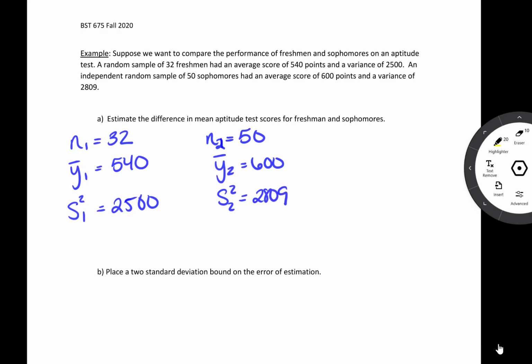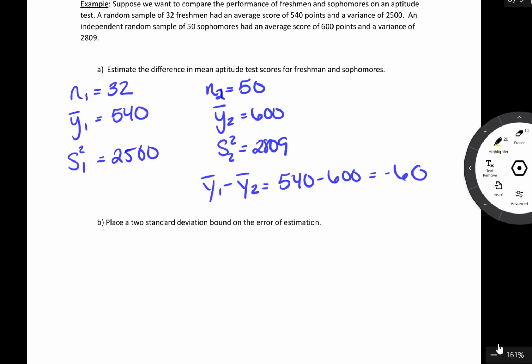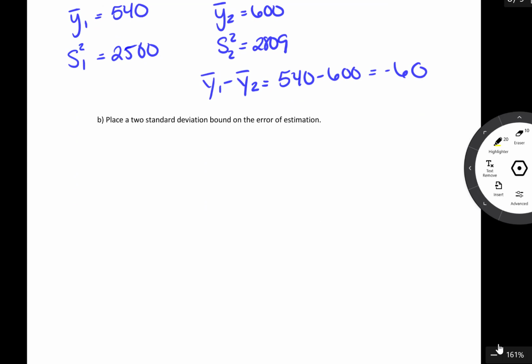Alright, so if we wanted to estimate the difference in mean, we'd take Ybar 1 minus Ybar 2, which is equal to negative 60. Then we could place a 2 standard deviation bound on the error of estimation.